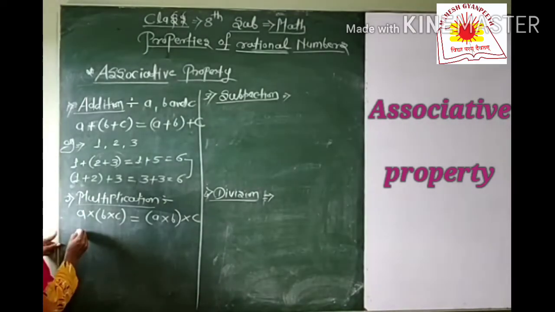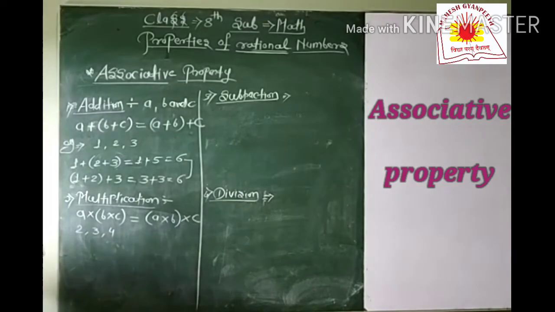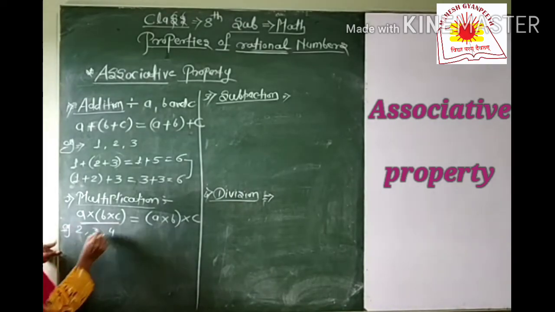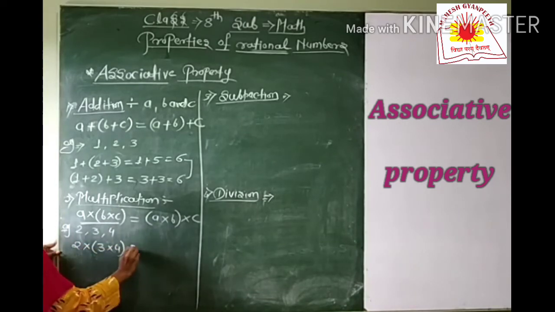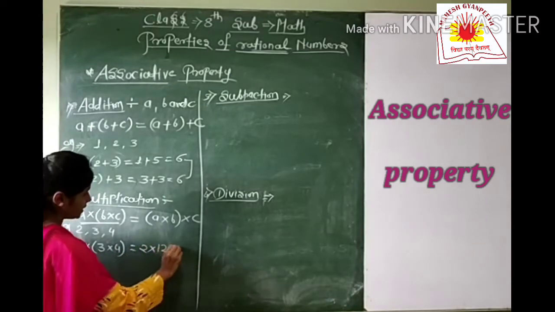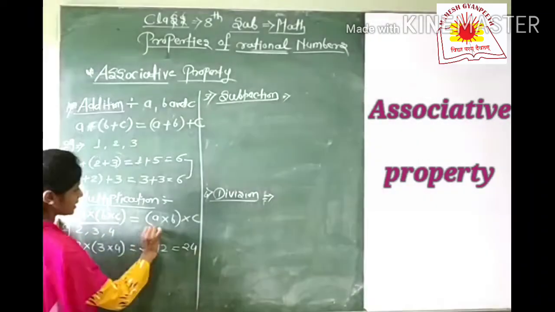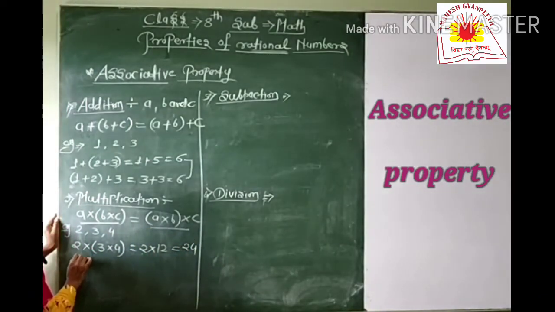Then 2, 3 and 4 are three rational numbers. Take this side: 2 multiplied by in bracket 3 multiplied by 4 is equal to 2 multiplied by 12, which is 24. Now take this side: in bracket 2 multiplied by 3.